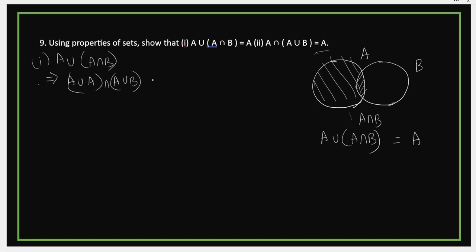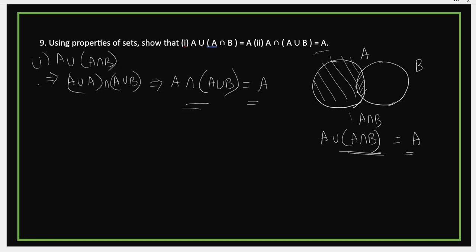A union A is what? A itself. A intersection (A union B). What is this A union B? This is what we have proved just now; that is why I have given this Venn diagram clearly. A union (A intersection B) is nothing but A. Got it? This is simple, right? In the Venn diagram, you have to visualize this. A union (A intersection B) equals A.